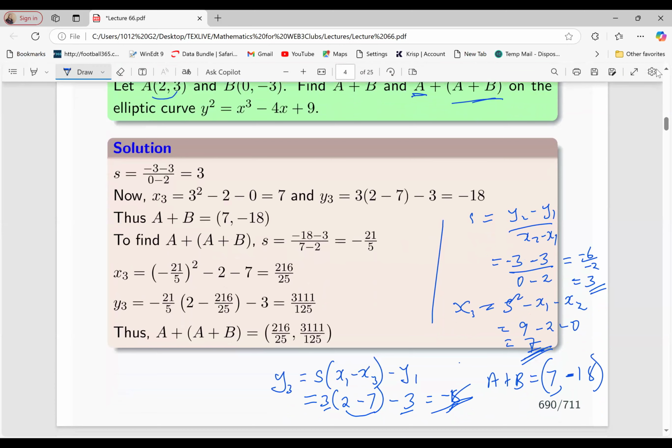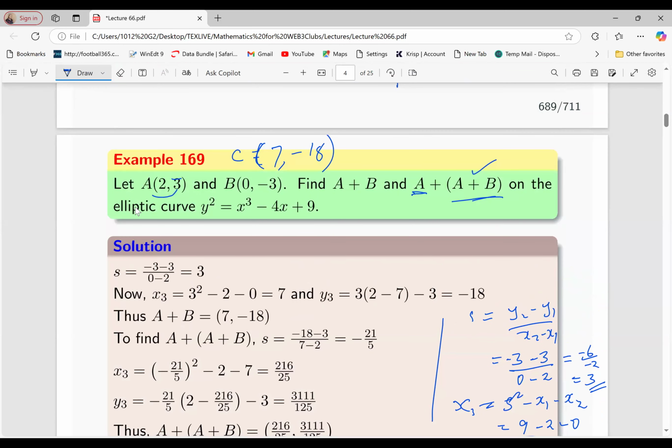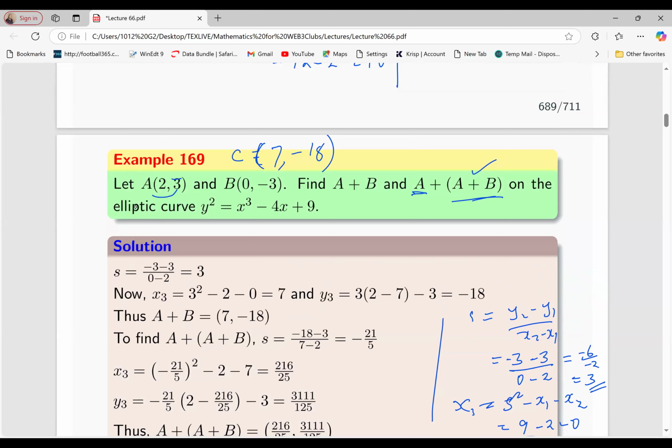These points again are not on the same vertical line. I want to call this point 2, and this is point 1. So y2 therefore is negative 18, and y1 is 3. X2 therefore is 7, x1 is 5. This is negative 21 out of 5. That is the gradient I was getting.